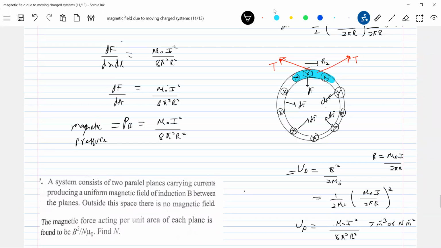Both are the same. So we can calculate how much magnetic pressure, but you can't answer whether it will contract or expand.